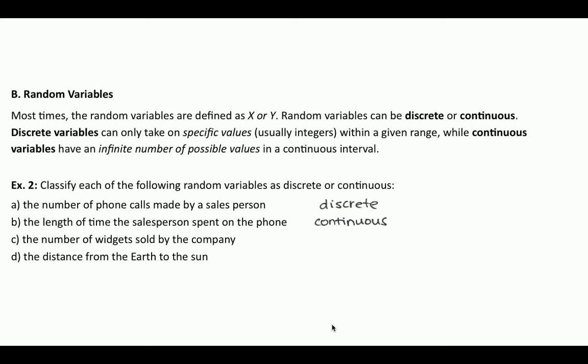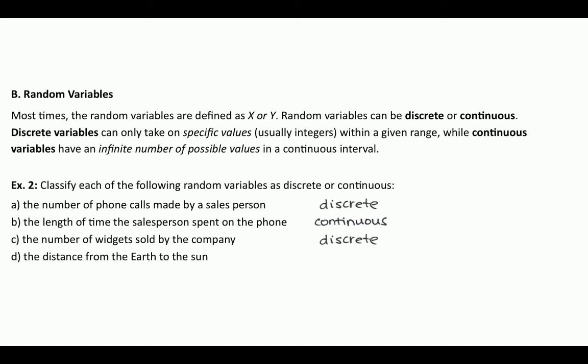The number of widgets sold by some company. Well, you either sell the widget or you don't sell the widget. So it's got that feel that it's an integer value, like whole numbers, so we're going to say that one's discrete. The distance from the Earth to the Sun. As the Earth goes around in its orbit, its distance from the Sun does change, because it's not a circular orbit.